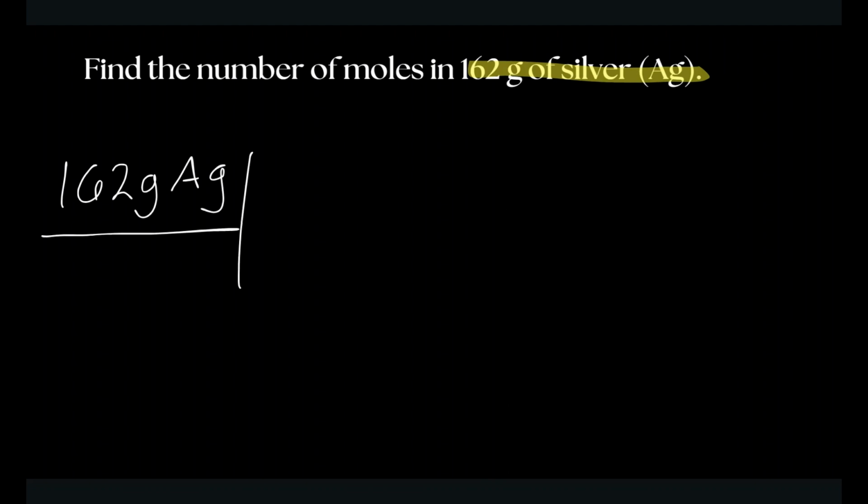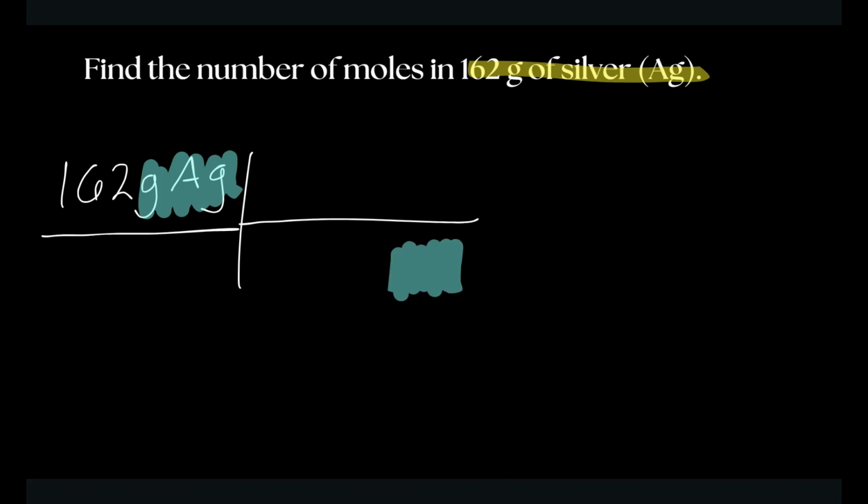We're going to put it into the setup. Now, because I have grams of silver on top, this means that I need to have the grams of silver on the bottom. What is going to go here in order to relate our mass back to our moles is the molar mass.